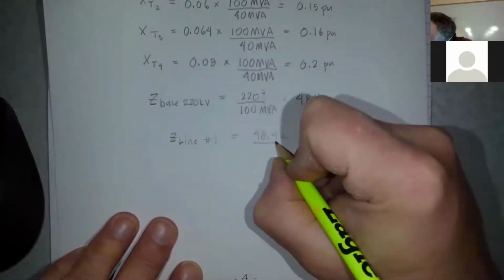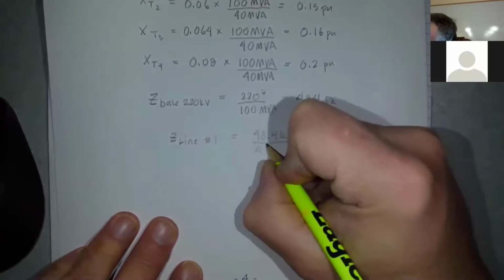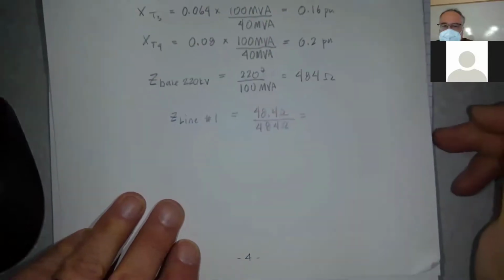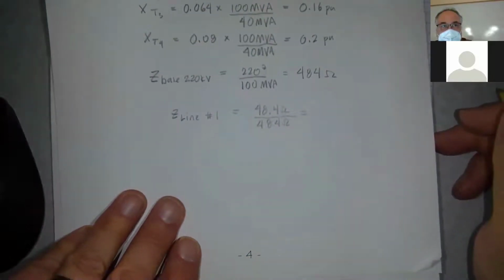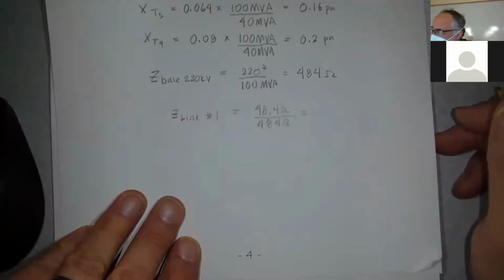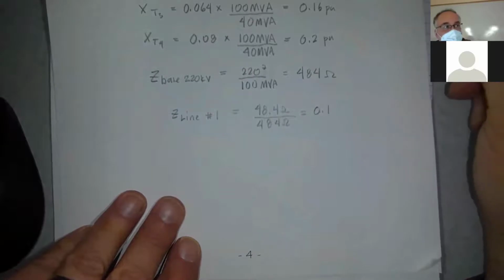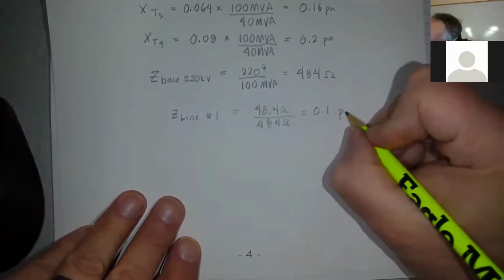It's on the table. Divided by 484 ohms. So what's that going to equal? 0.1. And again, that's a per unit value.